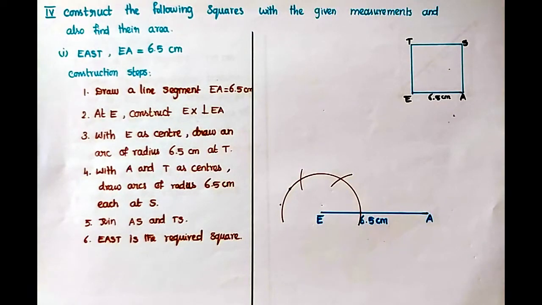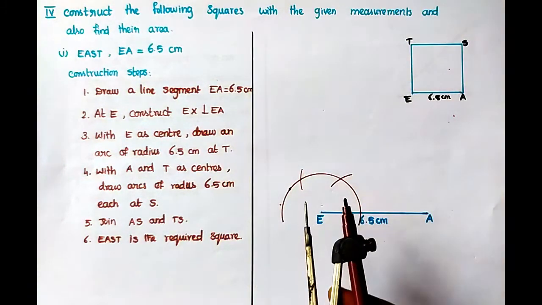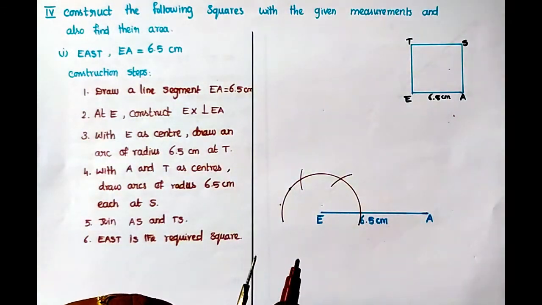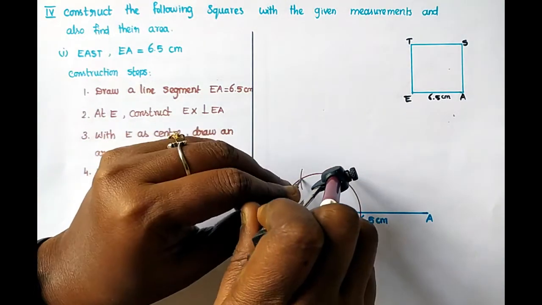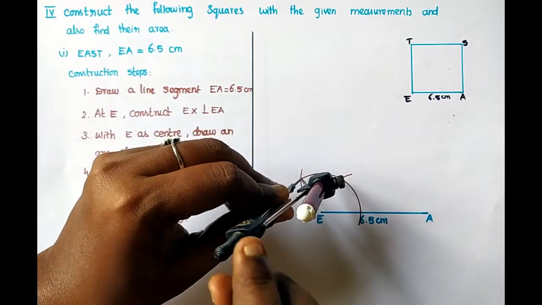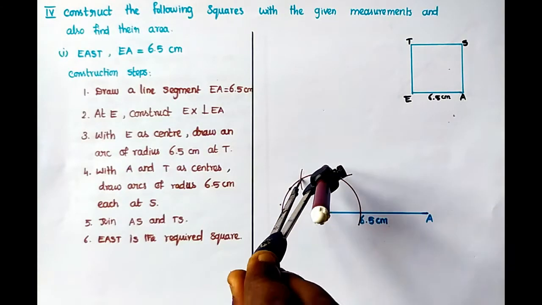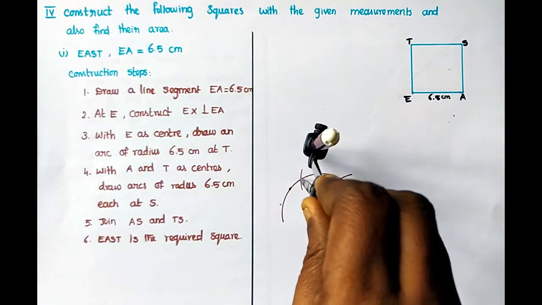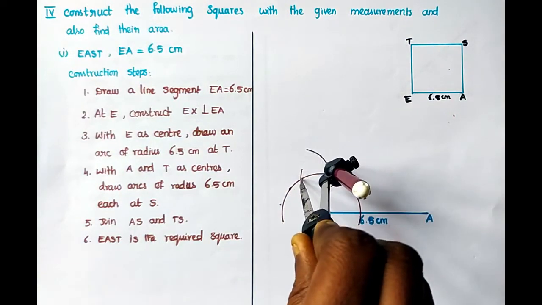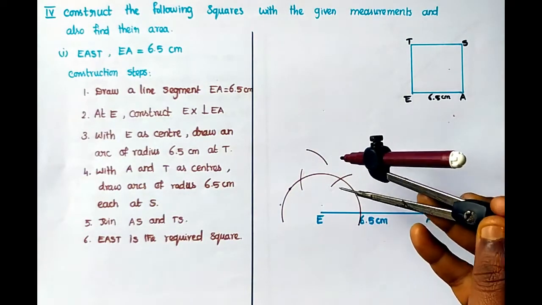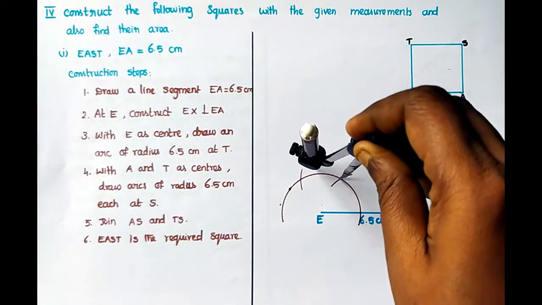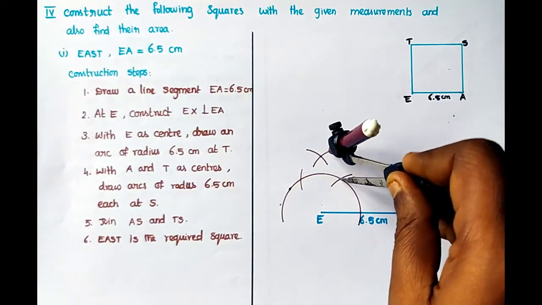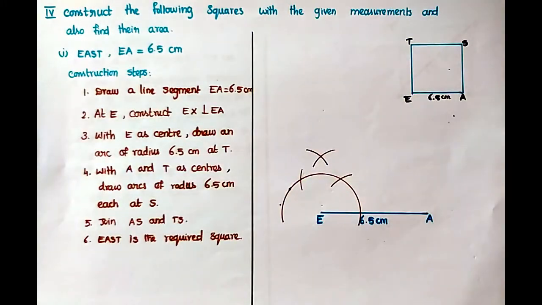And what is the next step? Between the two arcs, take the measurement above half, and draw an arc above the semicircle. With another arc also, we have to draw an arc to cut the previous arc above the semicircle.